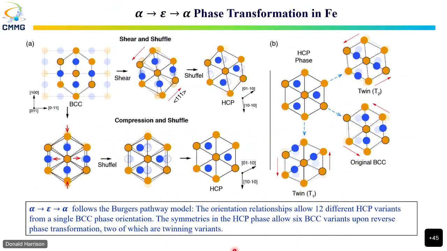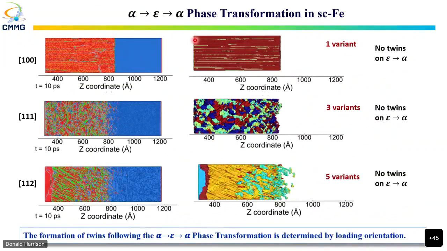So the question is, is this reverse alpha to epsilon to alpha phase transformation induced twinning only for the 110 orientation, or can it happen in other orientations as well? We ran these simulations for different orientations, 100, 111, and 112, and in the shock compressed state, we only see one variant for the HCP phase for the 100, but you get three different variants for the 111 orientation, and five variants for the 112.